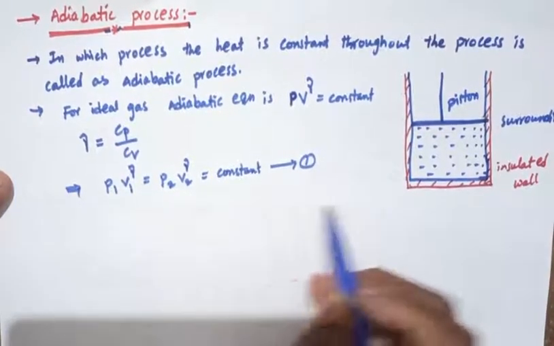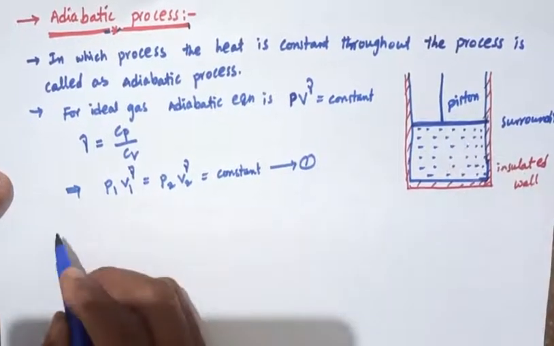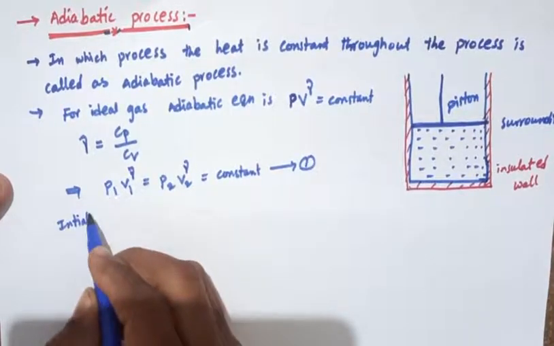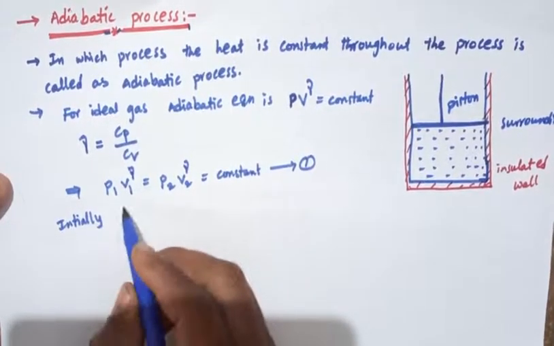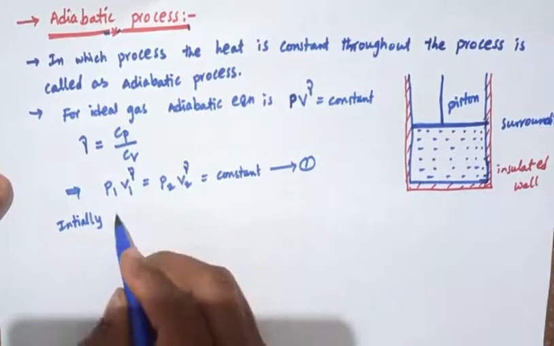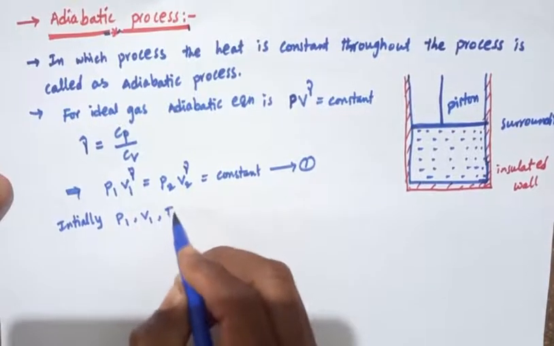Initially, the pressure, volume, and temperature of this gas are P1, V1, and T1.